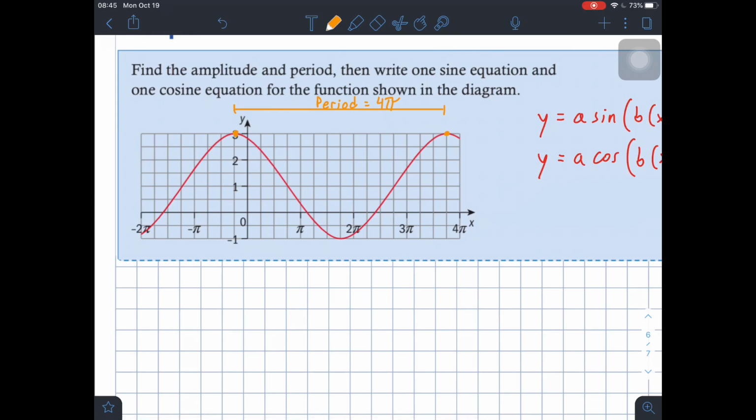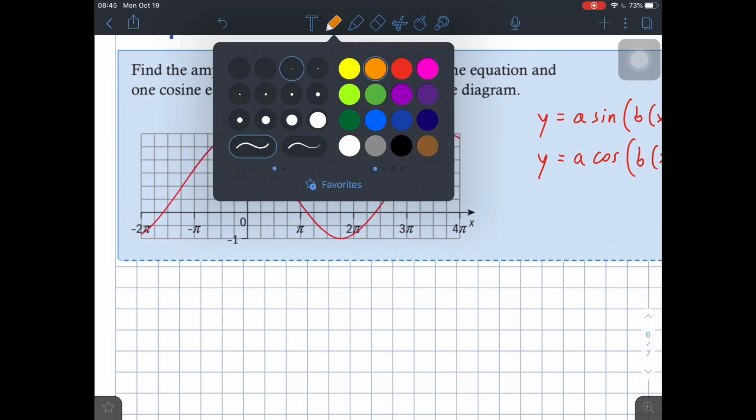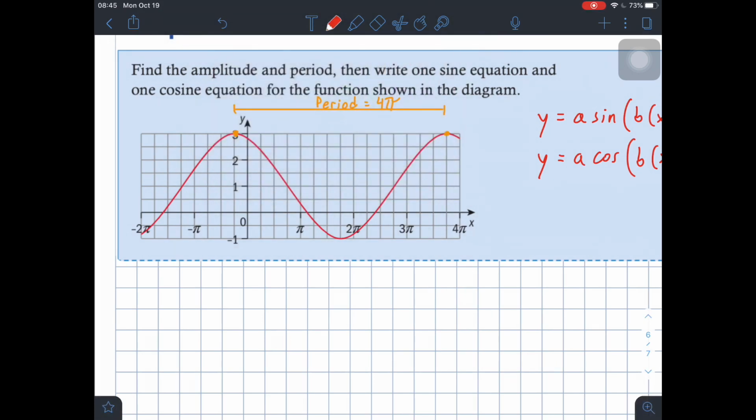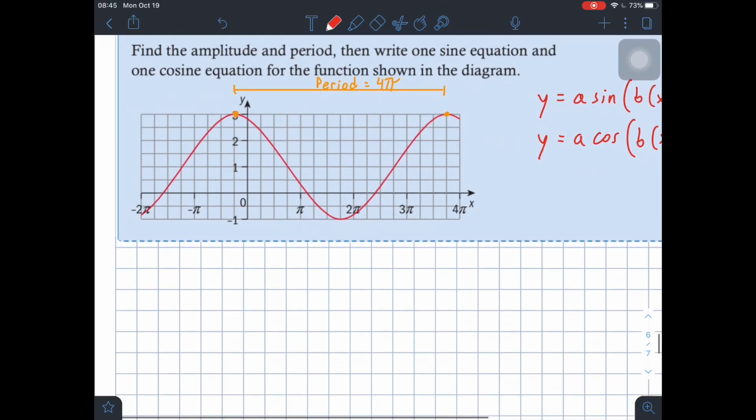Then another thing, the value of D, or actually, yes, the value of the amplitude. To find the value of the amplitude, remember it's the distance from a maximum to the axis, right? We do not know yet what the axis is, right?